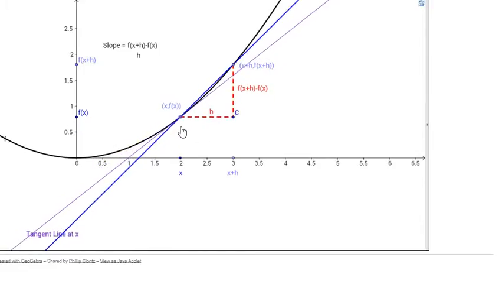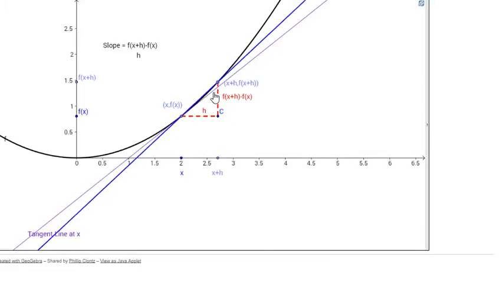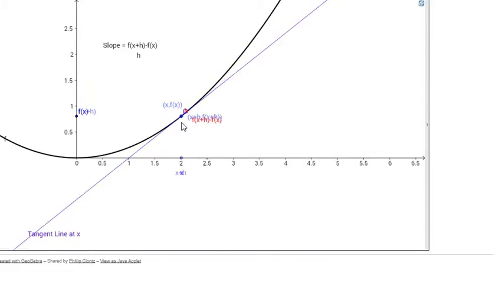Let's pick an integer. 2, and I'm not quite sure what this function is, but it looks like 2 and 0.75, maybe a little bit more than that, 0.8. So if I pick the point 2 comma 0.8, and then I pick that same point, because that's what the tangent line is, right? The tangent line is when they're on the same point. See, I have a very thin purple line, and that's the tangent line. That's what it should look like.